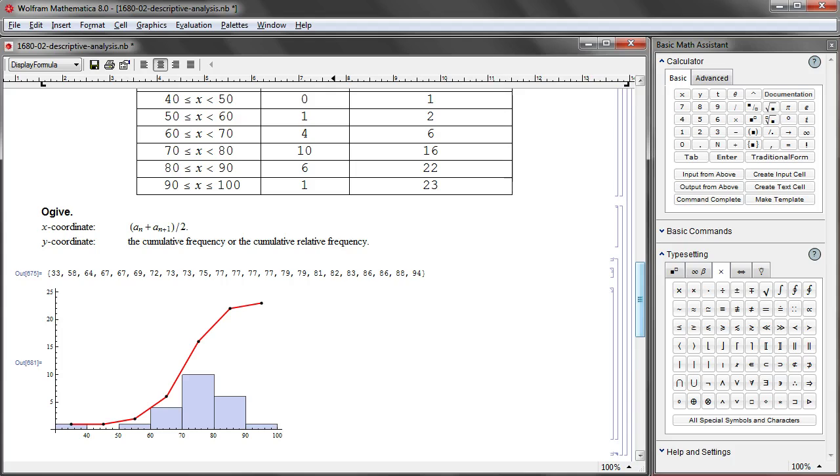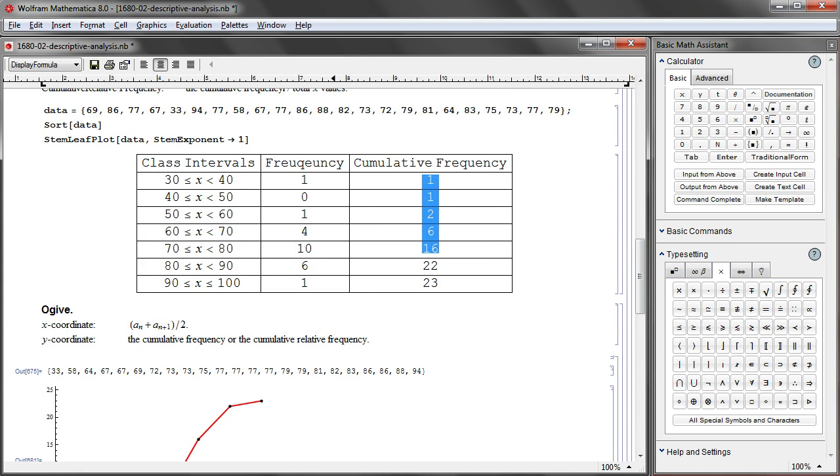And that kind of thing is called ogive. How do you put all those dots there? X-coordinate is the midpoint of the interval. So we put X value as 55, 65, 75, 85, and 95 respectively. And then Y-coordinate will be the cumulative frequency that we got in this table in the third column.